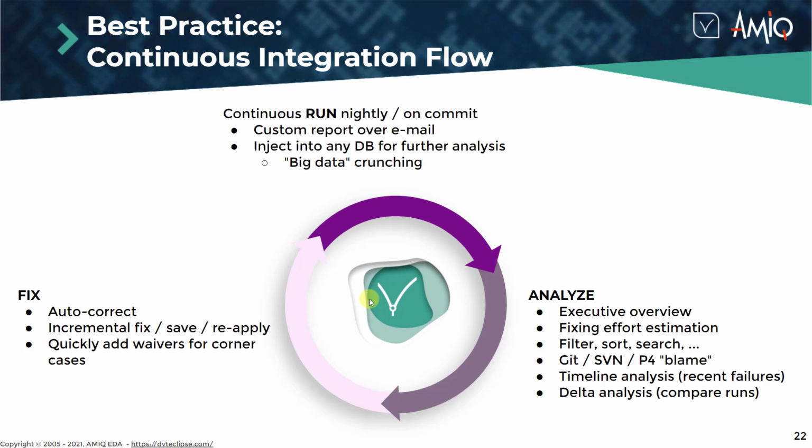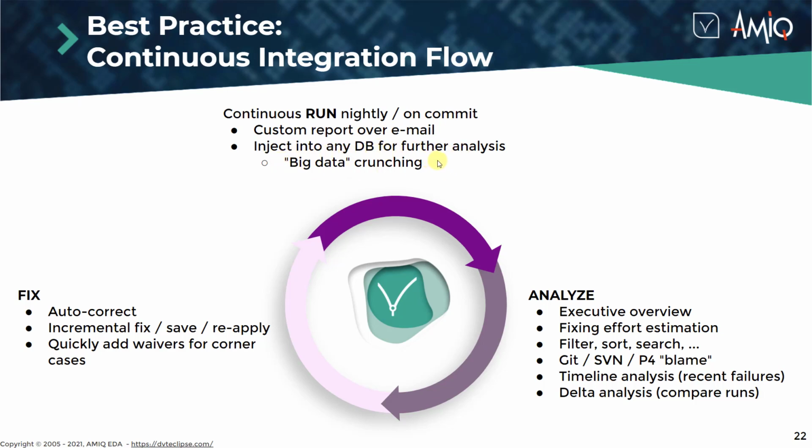Finally, I'd like to do a short overview of the best practice recommended for the deployment of Verissimo, a continuous integration flow. In such a flow, Verissimo runs on every commit, or every time you check into your version control system, on a regular schedule, for example nightly. It can send custom reports over email or inject linting results into a database for big data, fancy graphs type of analysis.